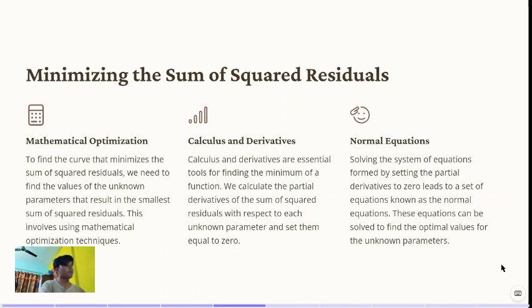We calculate the partial derivatives of the sum of the squared residuals with respect to each unknown parameter and set them equal to 0. Normal equations. Solving the system of equations formed by setting the partial derivatives to 0 leads to a set of equations known as the normal equations. These equations can be solved to find the optimal values for the unknown parameters.